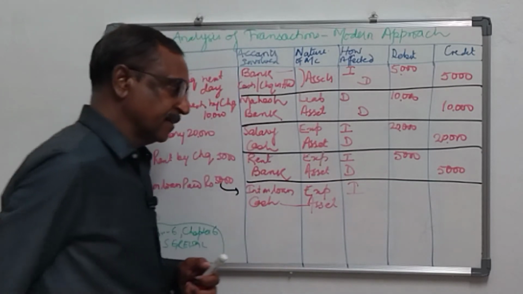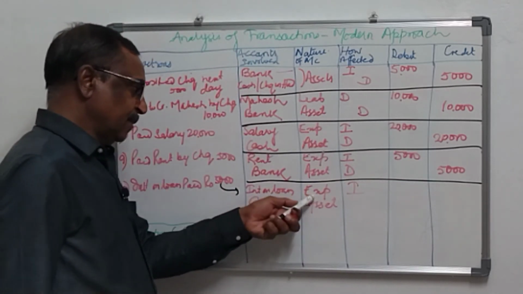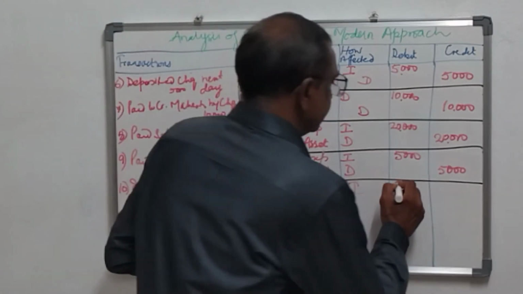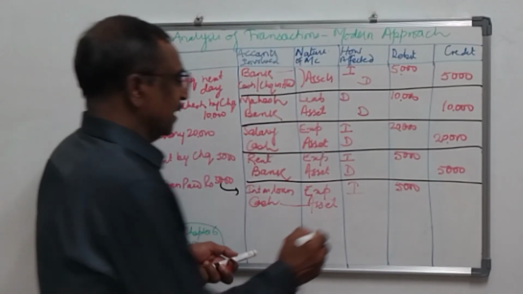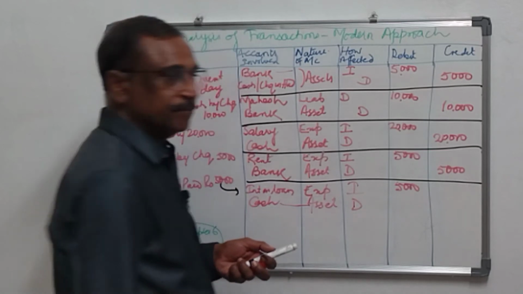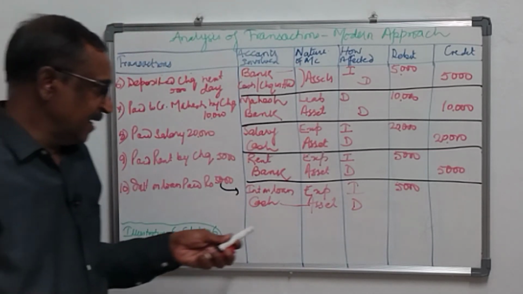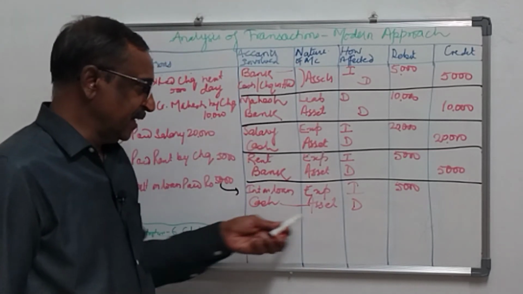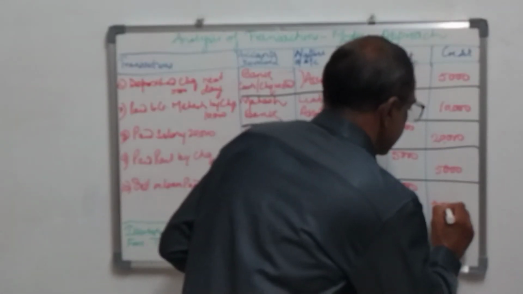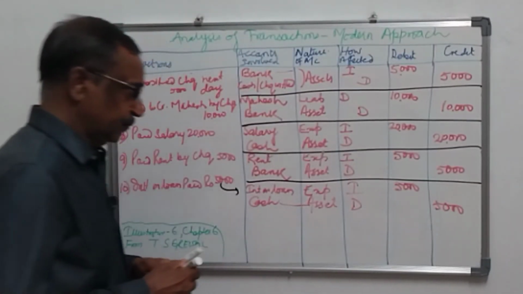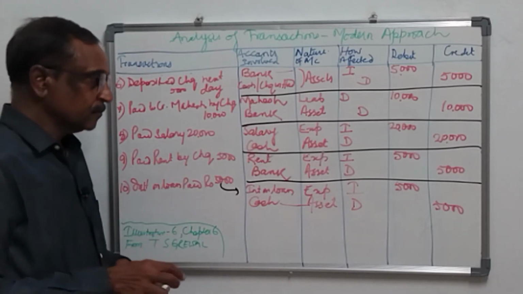Expenses are increasing. Increase in expenses is debited and your cash balance is decreasing. When you pay interest in cash, your cash balance will decrease. So decrease in asset is credited. Clear?